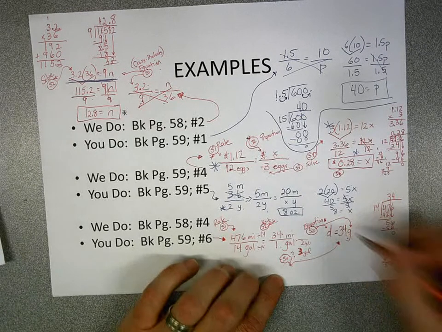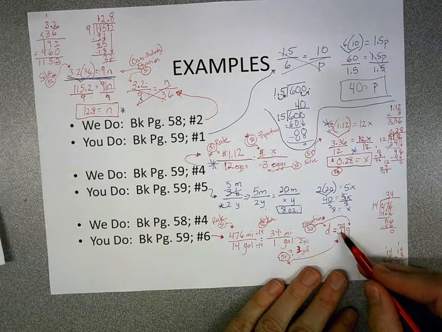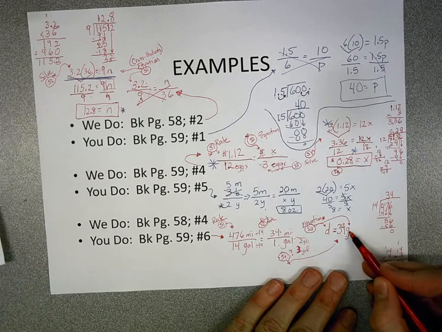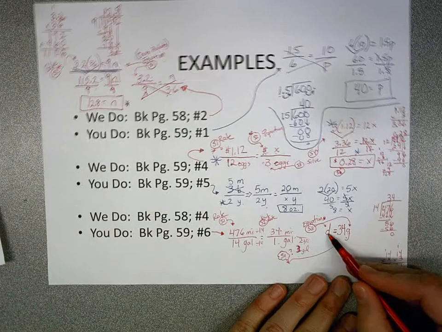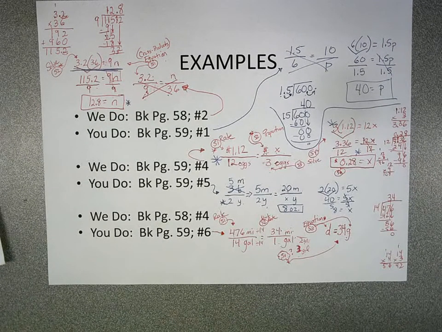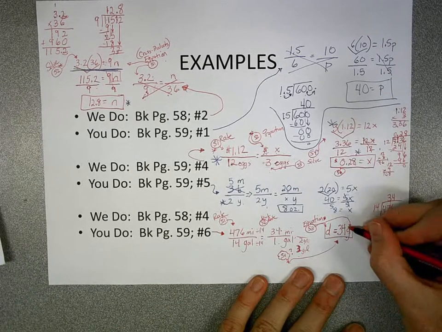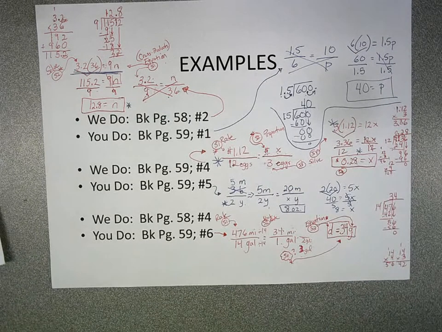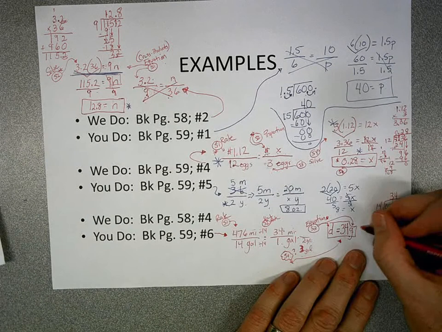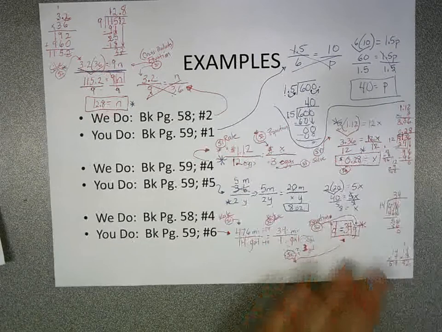Why? Because I'm going to multiply 34 with however many gallons I have to find the distance traveled. Now, here's what they do. They turn around and they ask you one more problem. And guys, this is the first answer to what they want in our homework.